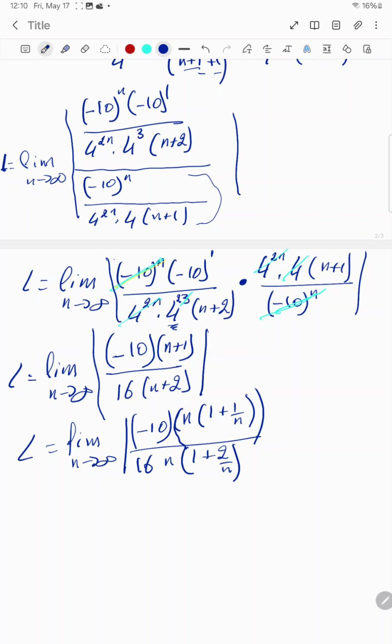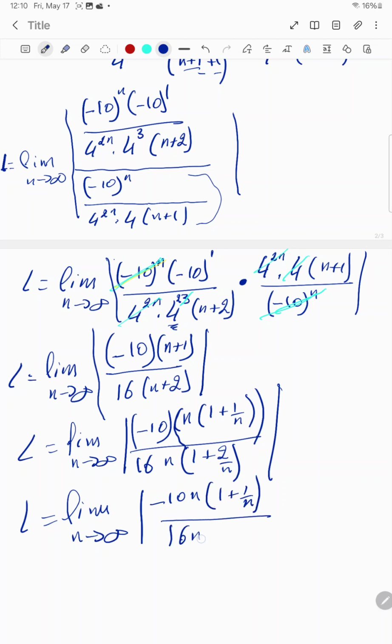So let's write it in a better way. Limit when n goes to infinity. I would have minus 10n multiplied by 1 plus 1 over n divided by 16n multiplied by 1 plus 2 divided by n.